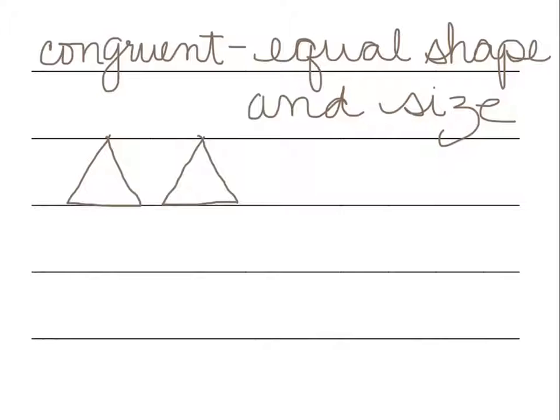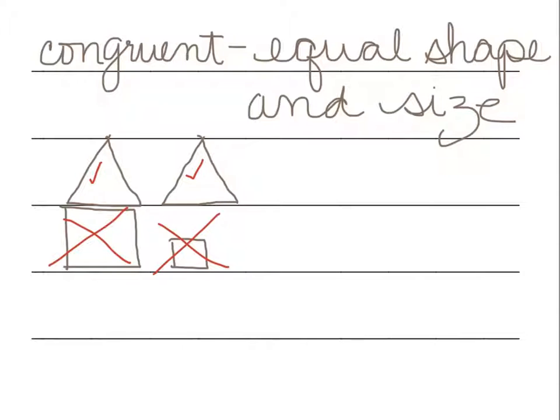If I were to draw a square and a square, would those be congruent? Hopefully in your head you answered right away no, because they're equal shape, yes, they're the same shape, but they're not equal size. So congruent is equal shape and equal size. If they are not the same shape or they are not the same size, then they can't be congruent.